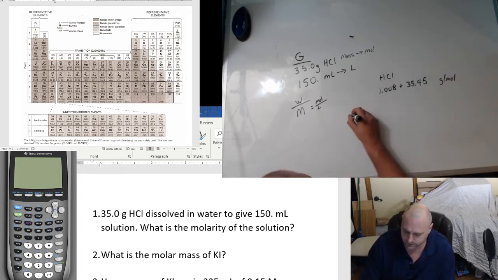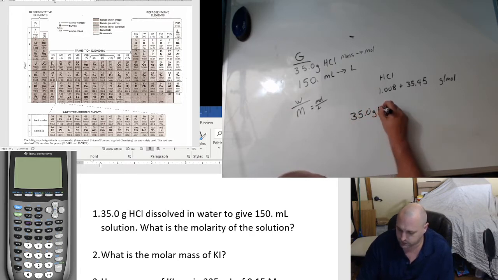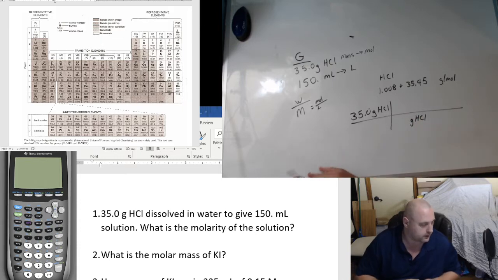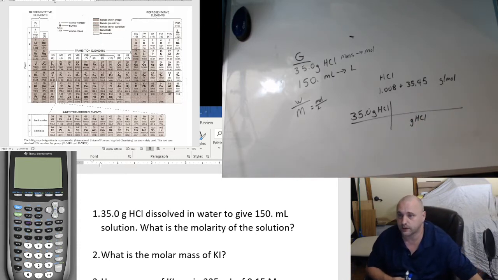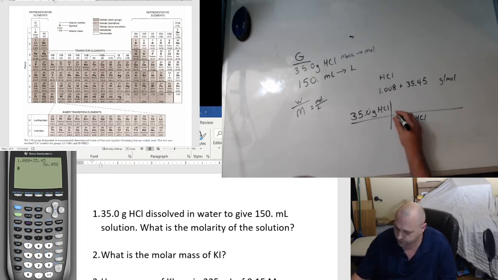Then I'm going to set this up in table format with 35.0 grams HCl. How many grams of HCl per mole? 1.008 plus 35.45, and I got 36.458.